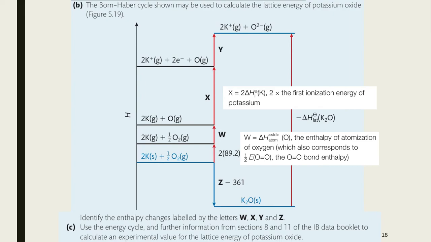Letter X. Okay, in this step, potassium is being turned into potassium ions. This is ionization energy. Now, in this particular case, we're going to multiply it by 2 because there are 2 atoms that need to be ionized. So we would look up the value and multiply it by 2 for each atom.